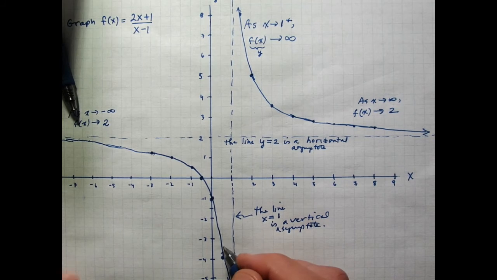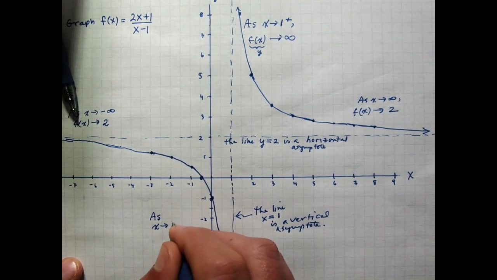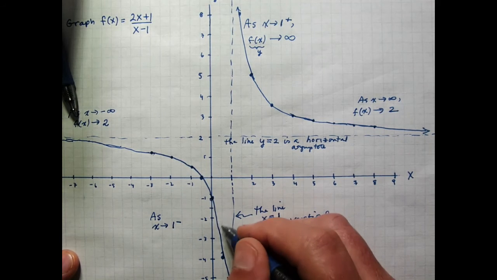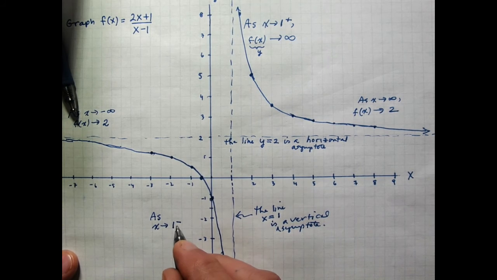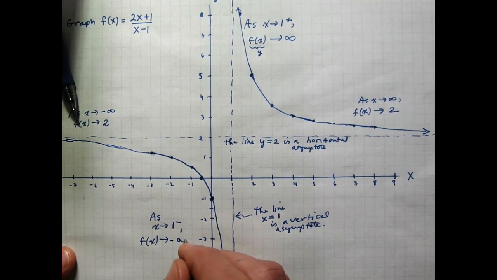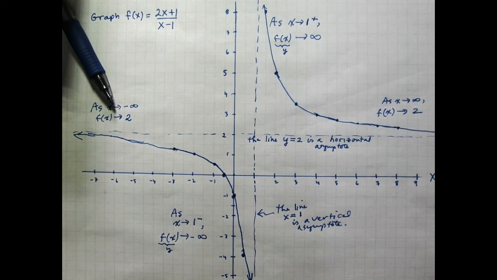And likewise, down below here, we would say as x approaches 1 from the left, that doesn't really mean negative numbers. It includes negatives, but it also means numbers like 0.9, 0.5. It just means numbers that are a little bit less than 1, a little bit to the left of 1. f of x approaches minus infinity, again referring to y values here. So that's the abstract notation for the end behavior.